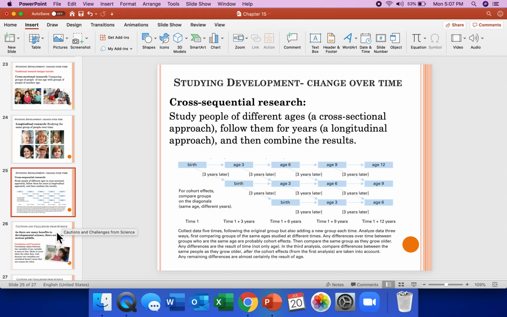The cross-sequential research is a combination of both. This type of research applies the first one, which is the cross-sectional. So we study people of different ages. We get 2 or 3 or 4 groups of people from different age groups, and then we follow them for a period of time, and this is where we combine the longitudinal part, and then we combine the results.